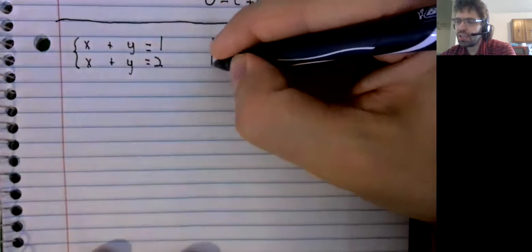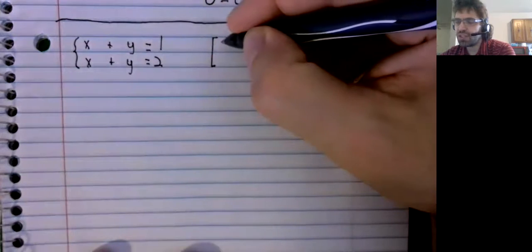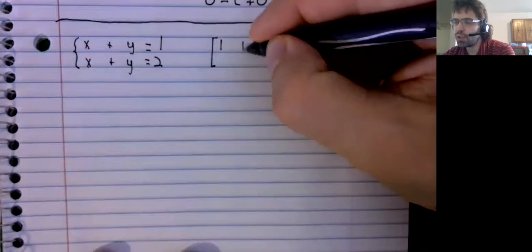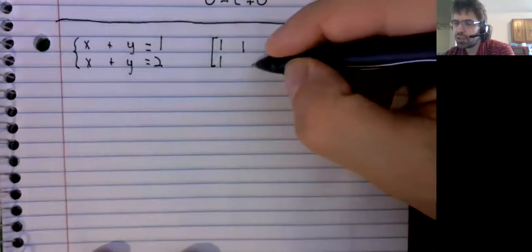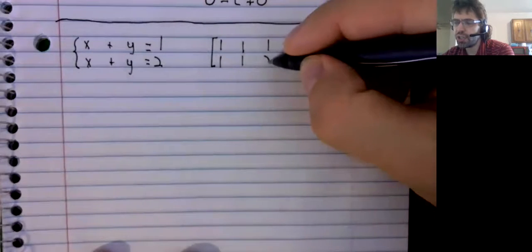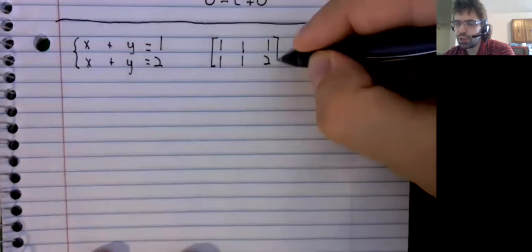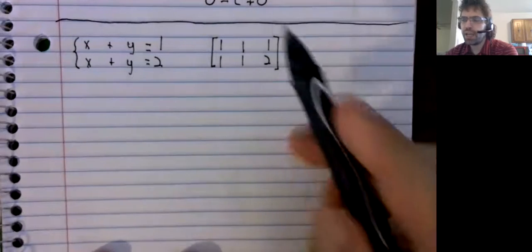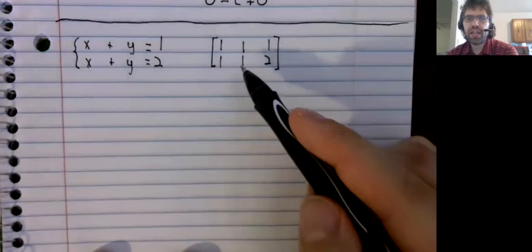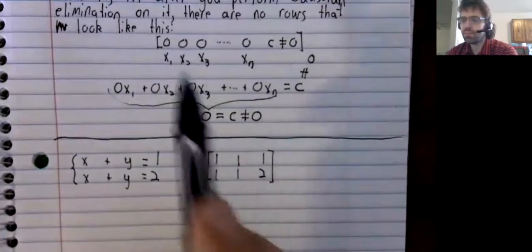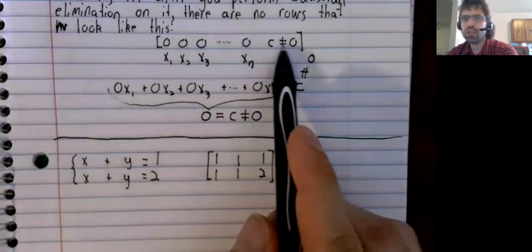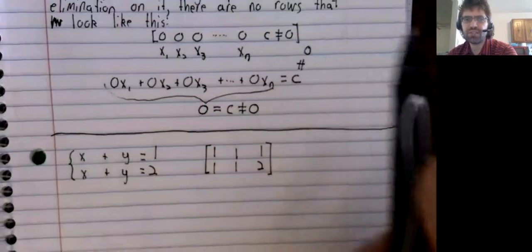The augmented matrix of the system is 1, 1, 1, 1, 1, 2. And it does not have any rows that look like this.